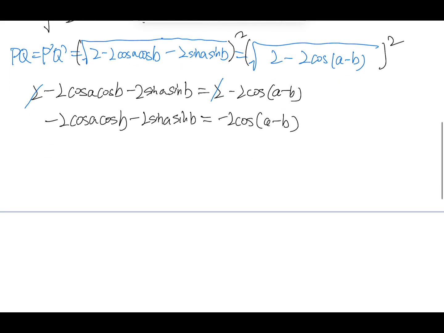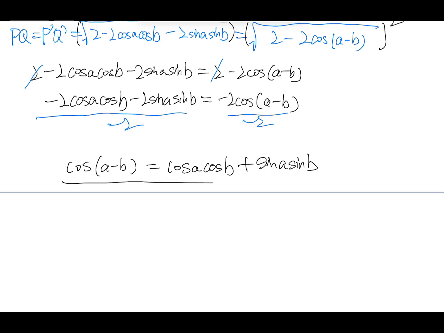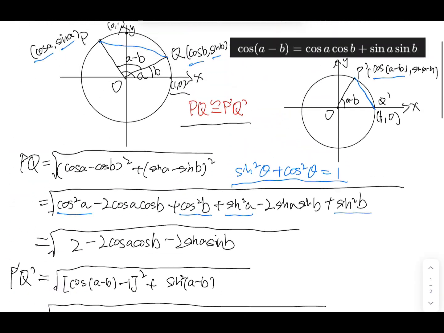And we can just divide negative 2 on both sides. Pretty easy, huh? And we rotate it to make it cosine A minus B equals cosine A times cosine B, very careful because you divide by negative, plus sine A times sine B. And voila, that's how you get the first formula.